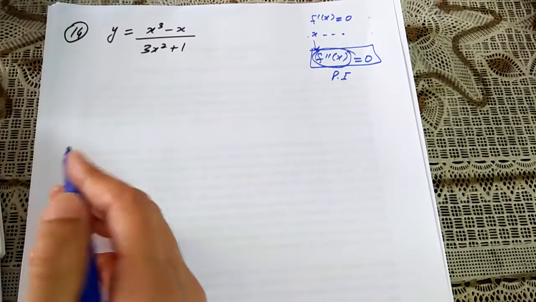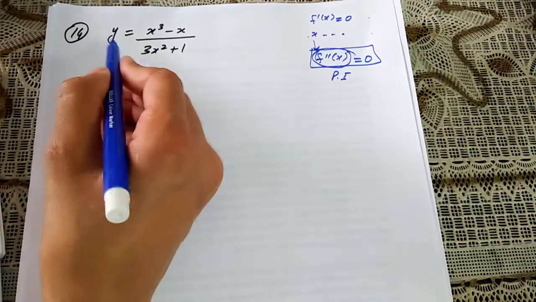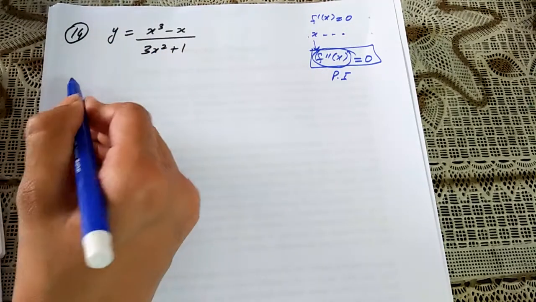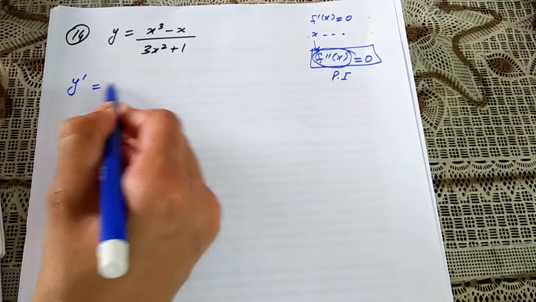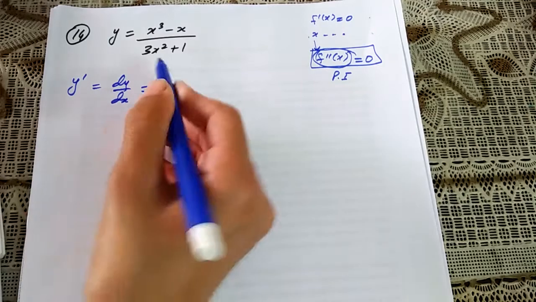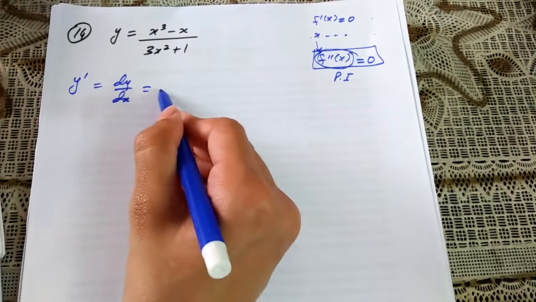Starting with question number 14, first of all, this y function is given. We need to find its first derivative, that is y dash, or you can also write it as dy by dx. Use the quotient rule here.